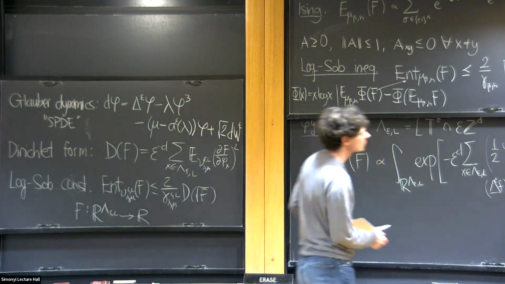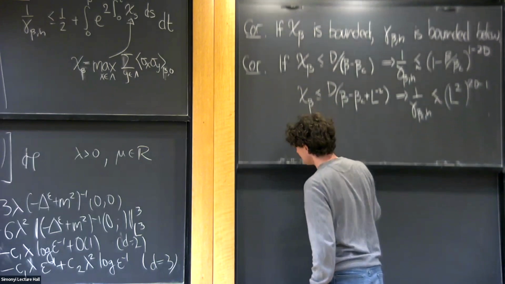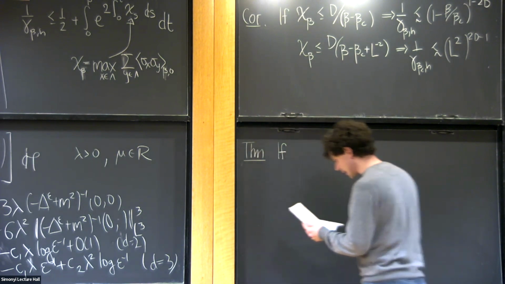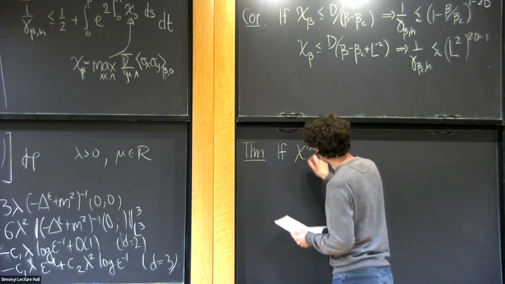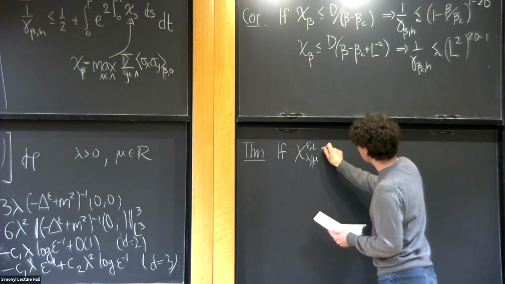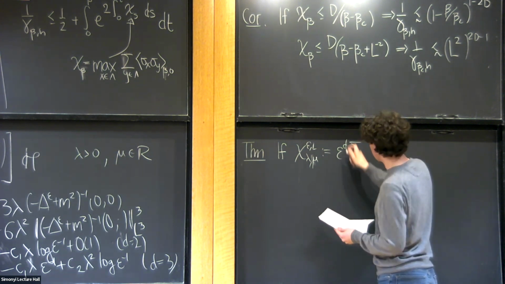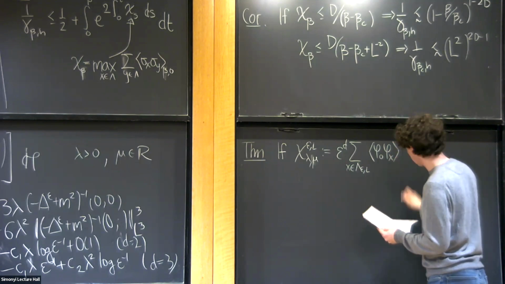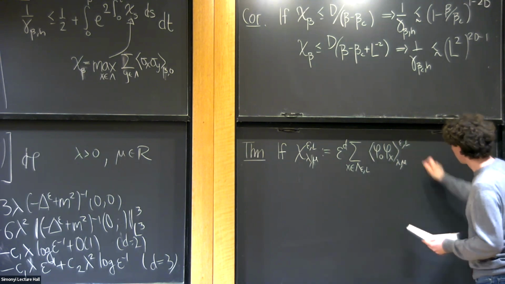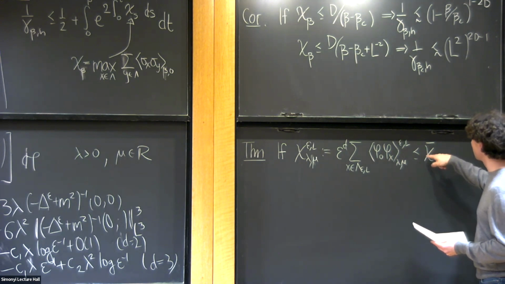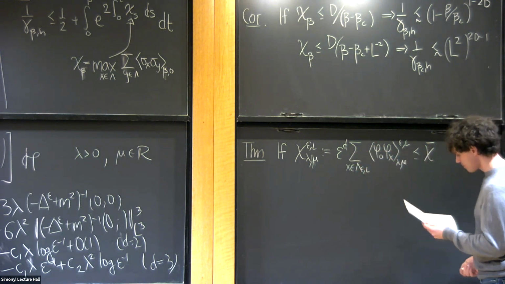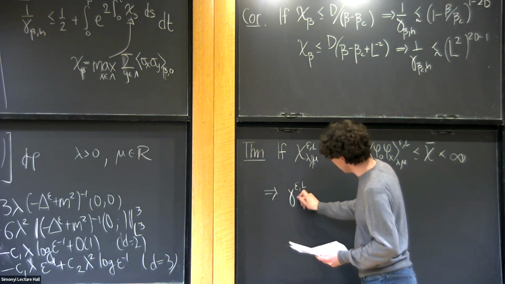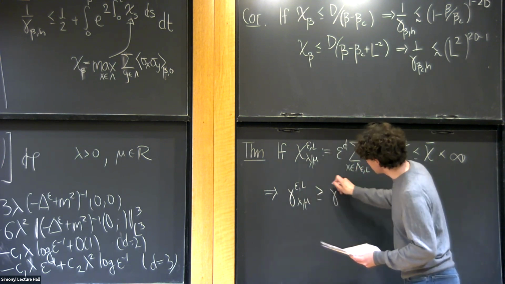In this case, one of the statements we get is: if you assume that the susceptibility, which in this case is defined like this, where the sum gets replaced by an integral, is bounded by some constant, which I'm going to call chi bar, then the conclusion is that the Log-Sobolev constant, which a priori depends on everything, epsilon, L and mu, is bounded below by some constant, which maybe I call gamma bar.